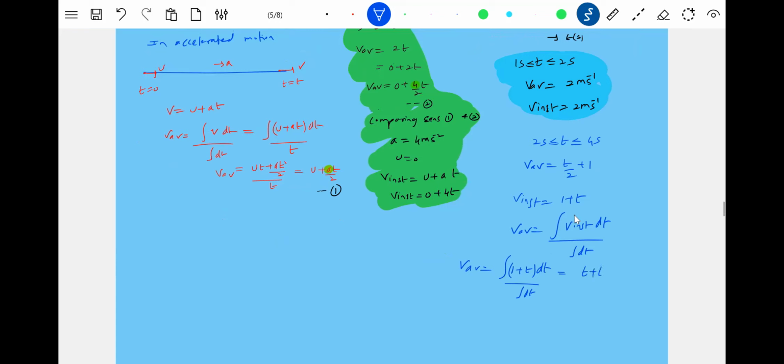Okay, this will be (T plus T square) by 2 by T. Okay, I think I made a guess. You have to guess it and calculate an average value, then it should satisfy this equation.